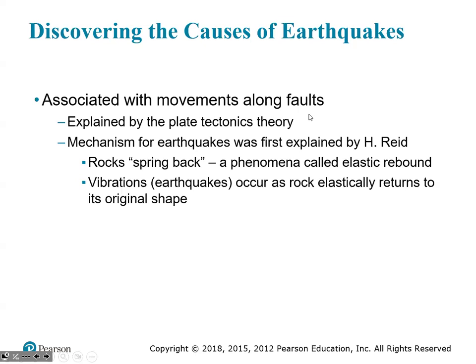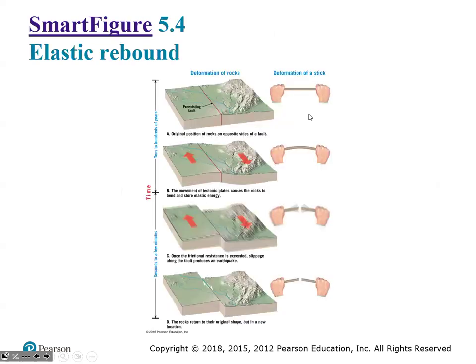So they start to move, but because they're stuck together, eventually that force overcomes friction, and there's a sudden release. They spring backwards through elastic rebound, and vibrations occur as the rock springs back to its original shape, and it vibrates back into a new stable position.